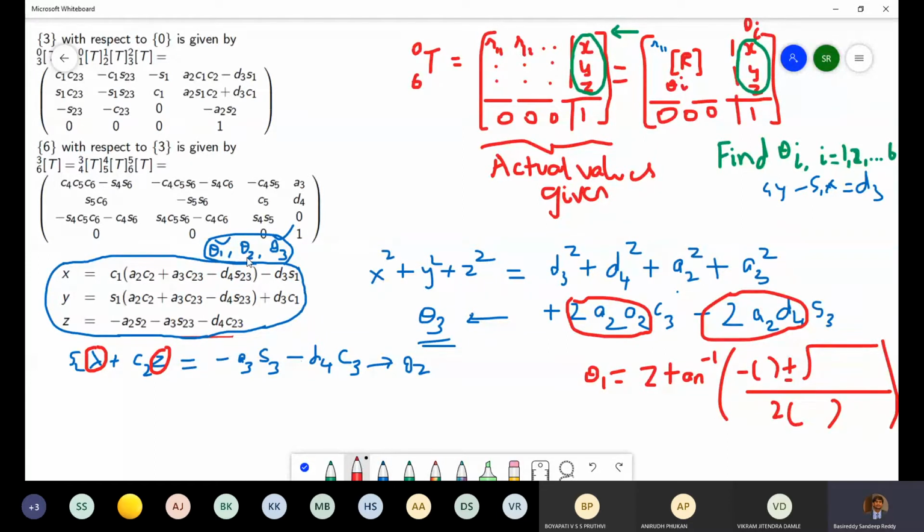What is the range of tan inverse? Minus 90 to 90.